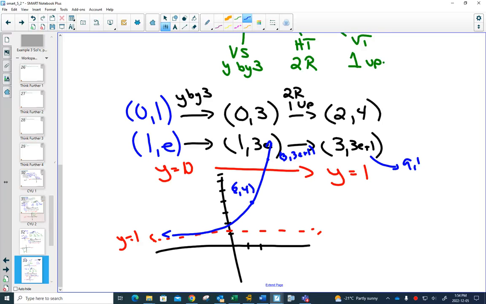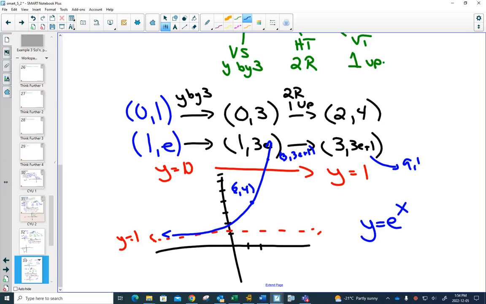Now, it's not hard with a new number, but it's just weird because you've never seen the number e before. And the number e becomes important in calculus because this graph is the only graph in calculus where the derivative is itself.